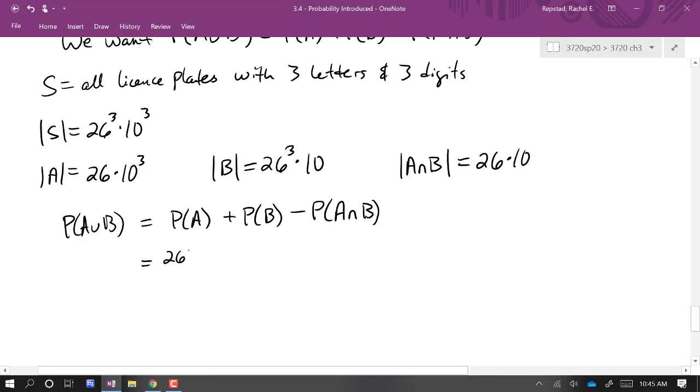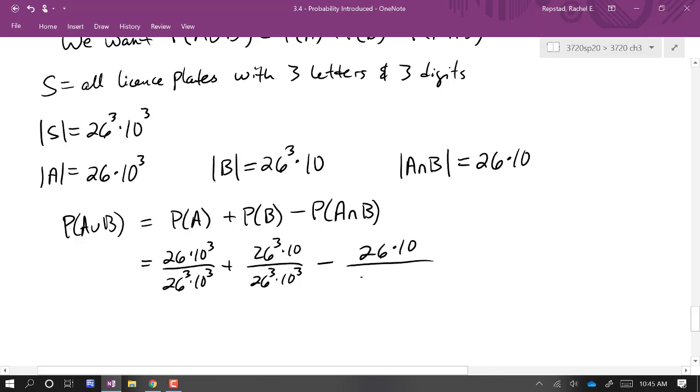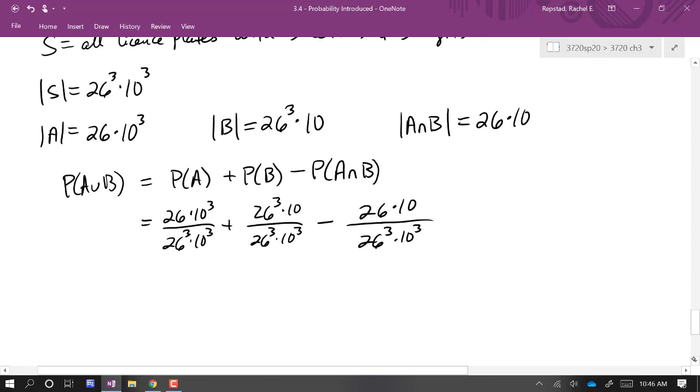So we have 26 times 10 cubed over 26 cubed times 10 cubed. P of B will be 26 cubed times 10 over 26 cubed times 10 cubed minus 26 times 10 over 26 cubed times 10 cubed. Now rather than reducing each of the fractions, since they already have a common denominator, I'm going to bring that down.